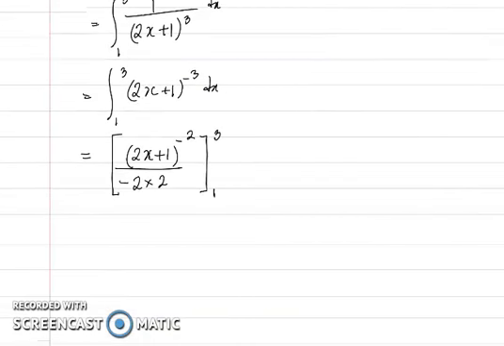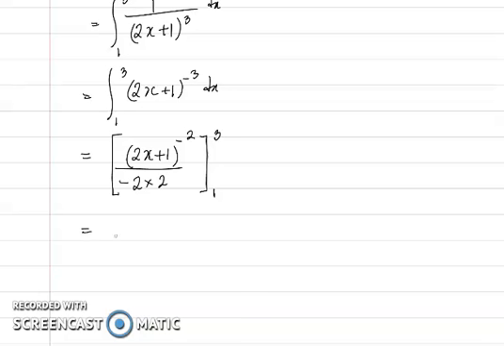All right, we can pull out the 1 over 4. So this is minus 1 over 4. All right, and this becomes 1 over (2x plus 1) squared, and this is within the limits 1 to 3.